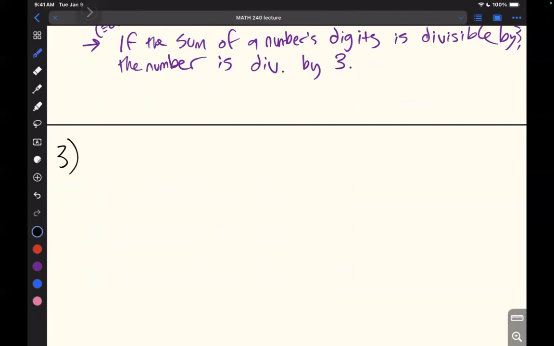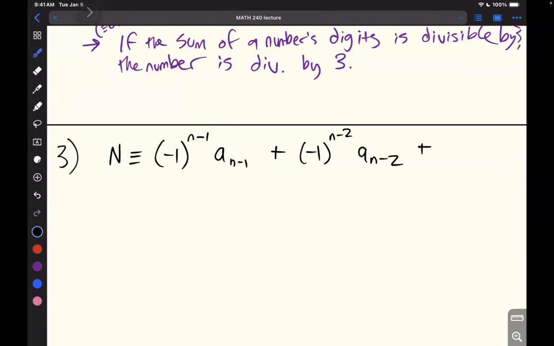Step 3 of this theorem: if we write n as congruent to (-1)^(n-1) times a_(n-1), plus (-1)^(n-2) times a_(n-2), plus so on and so forth, plus negative a_1 plus a_0, mod 11.